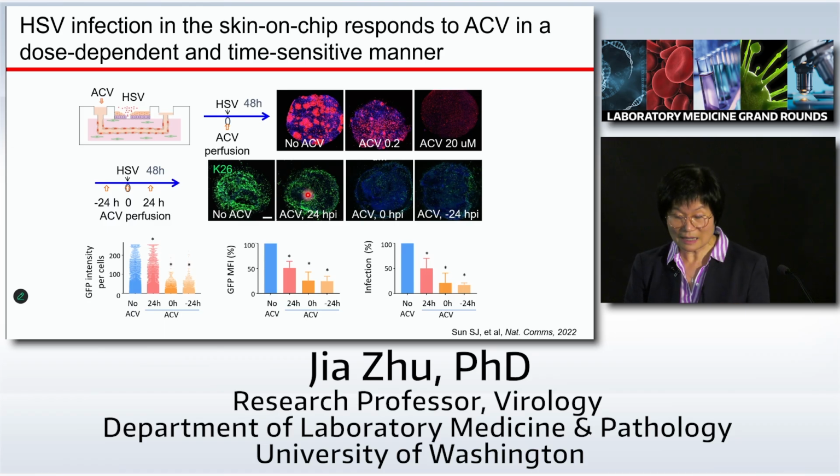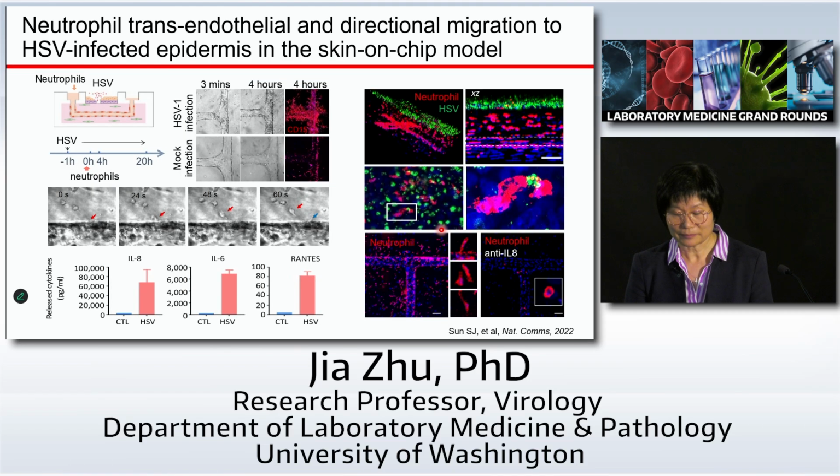But it is less effective than perfusing acyclovir at the time of infection, or even 24 hours before the viral infection. So you do want to treat herpes early. The moment you get the tingling or the symptoms, you want to use acyclovir as early as possible. So we think this platform can be used for preclinical efficacy testing.